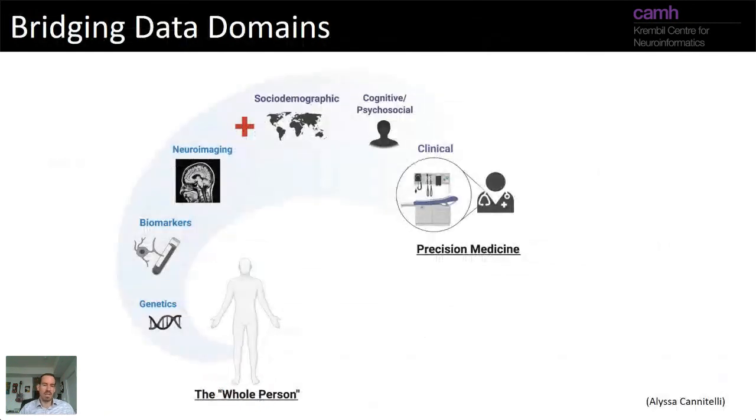So, bridging data domains. This is where we're going to go for the next 45 minutes. Looking at examples of research where we are looking between, again, there are some lines being drawn in the sand, cognitive and psychosocial measurements, sociodemographic measurements, neuroimaging, biomarkers and genetics, biology, and what you might call not biology.